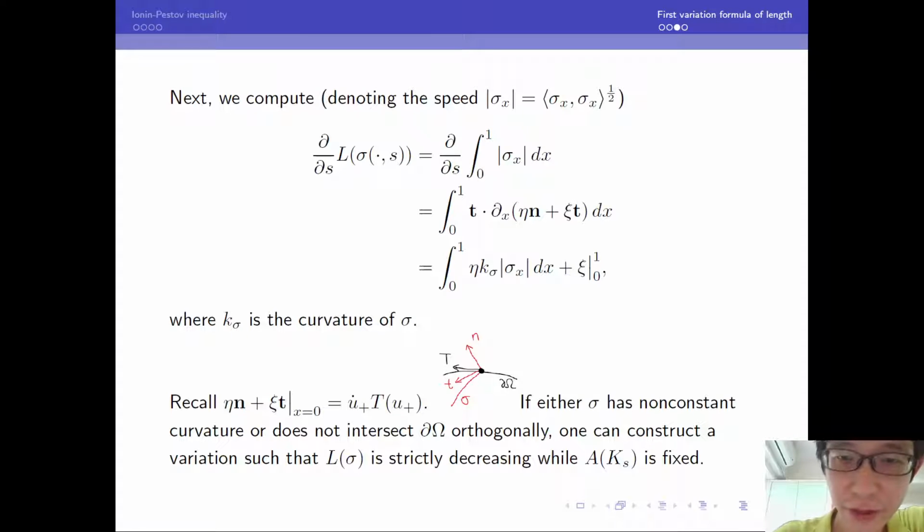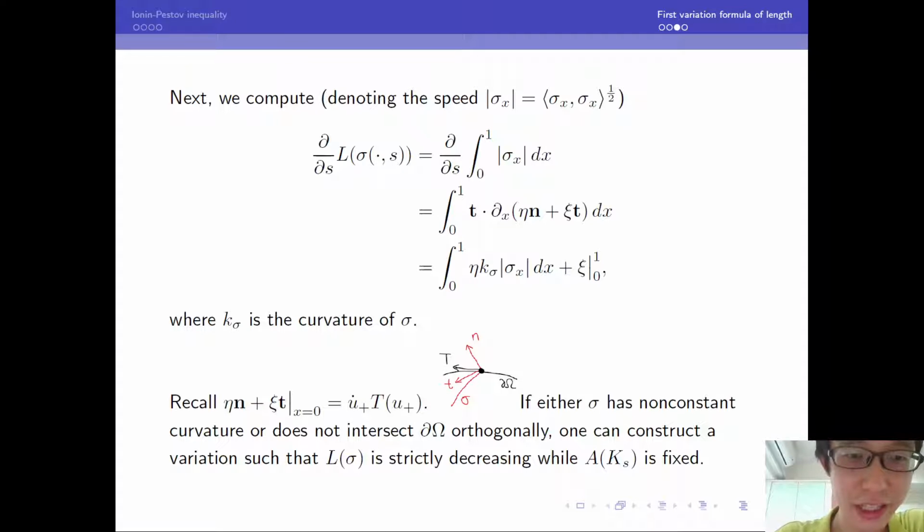Okay, therefore, if either sigma has non-constant curvature or does not intersect the boundary omega orthogonally, then c will not be 0, because t will then be transverse to the tangent of boundary omega.